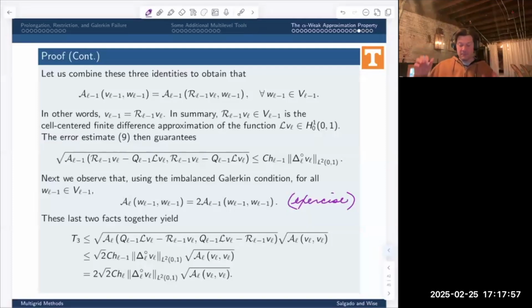It's just a fact that has a slight complication, but it just follows from the imbalanced Galerkin condition. And what happens in the imbalanced Galerkin condition? Let me just remind you. Imbalanced Galerkin says that 2 times, or is it? I think it's 2AL minus 1 is equal to RL minus 1 AL PL minus 1.